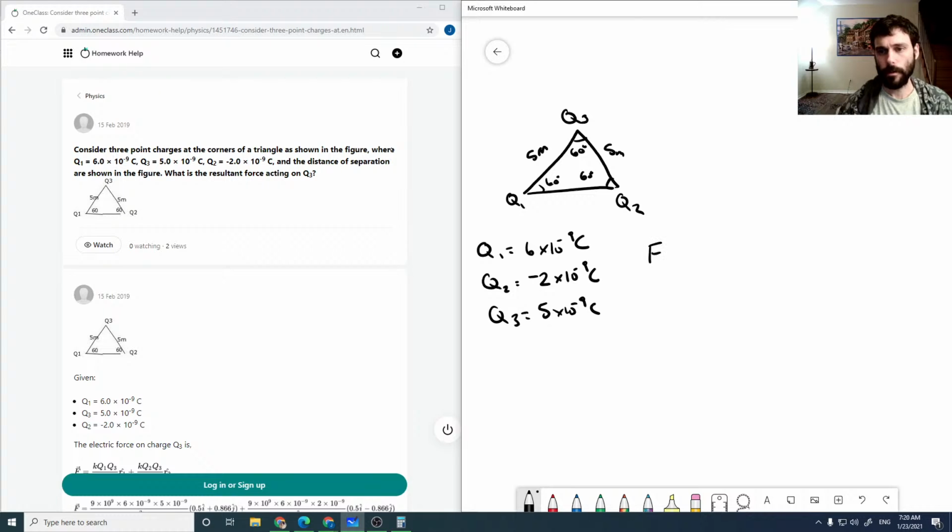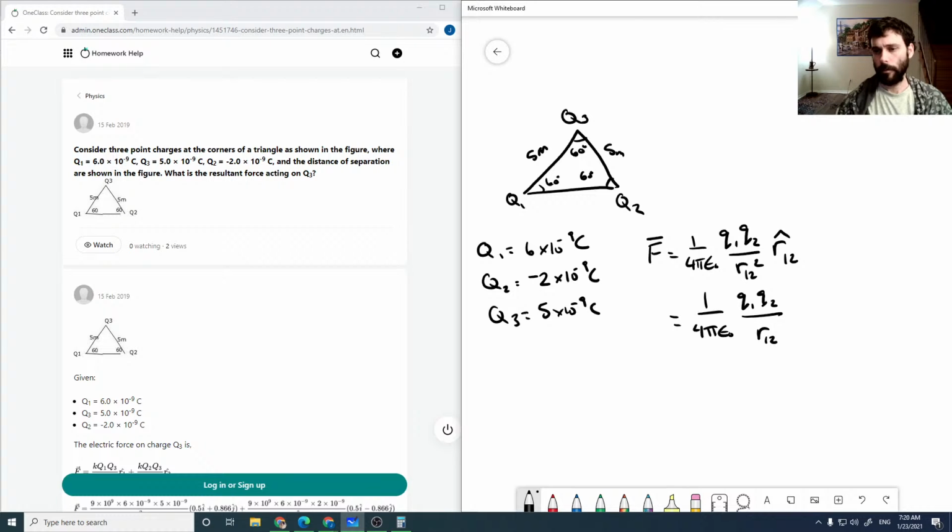So our force is a vector quantity, and it's 1 over 4 pi epsilon naught Q1 Q2 over R12 squared times R12 hat, so a unit vector in the direction of R12, or alternatively we can write it and use the vector R12.